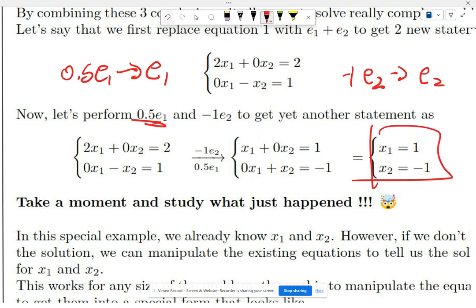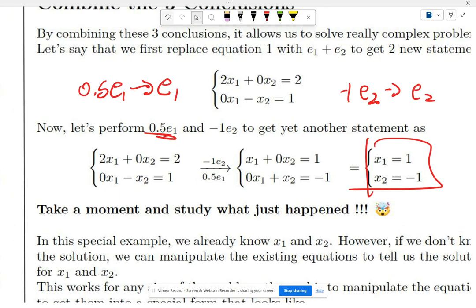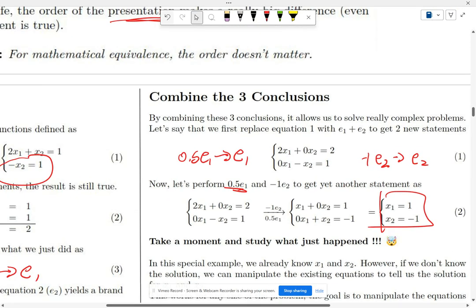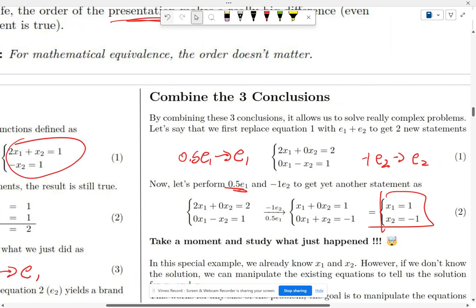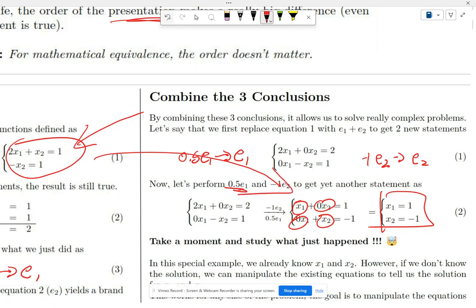We essentially converted the original 2 equations, and by manipulating them over and over again, we end up in a form where we have x1, x2, and 0 everywhere else. And when you have manipulated the original equations into this form, it implies that now you essentially know what x1 and x2 are.